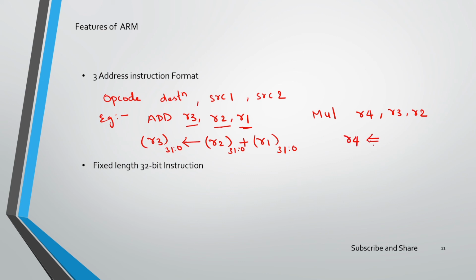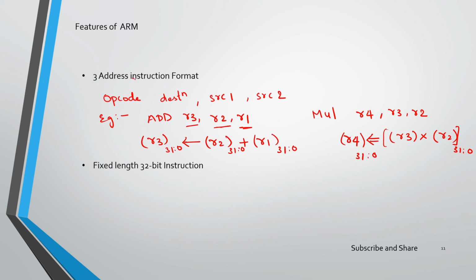The destination is R4, the content of R3 is multiplied with the content of R2. Here all are 32-bit registers, 0 to 31. So this is your 3 address instruction format.